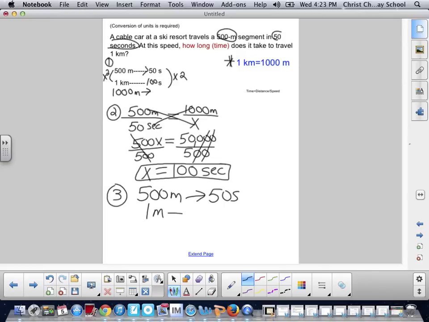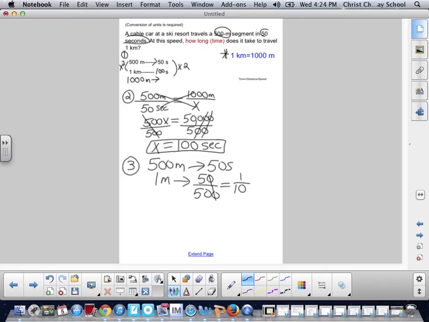Well, we're going to divide 50 by 500, and we're going to simplify. I can just take out my zeros, and 5 goes into 5 one time, and 5 goes into 50 10 times, so we have 1/10. It's getting skinnier and skinnier. So we have 1/10.